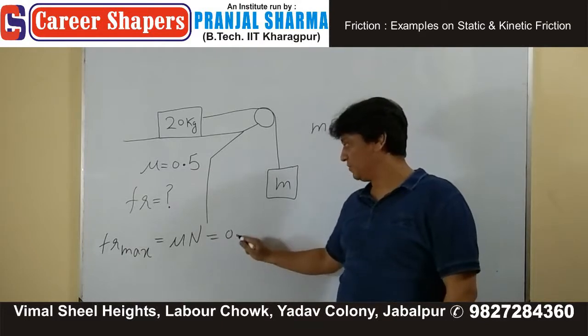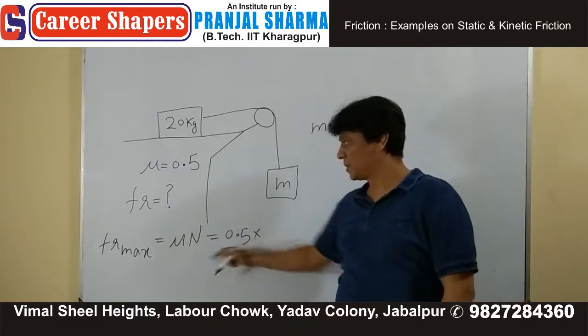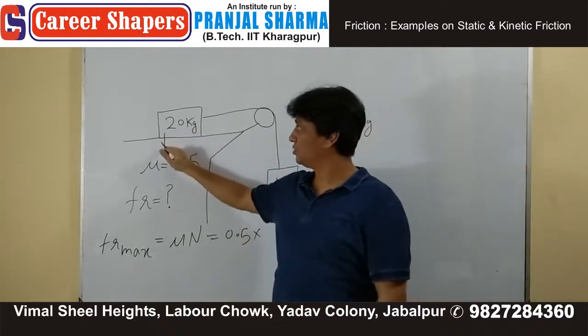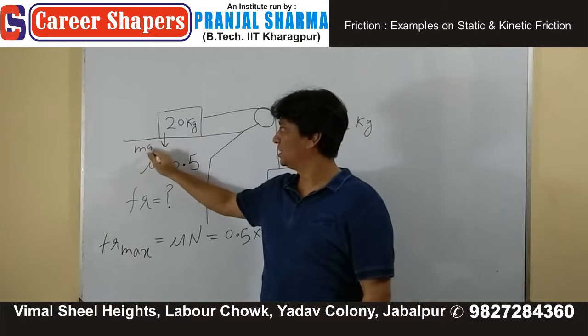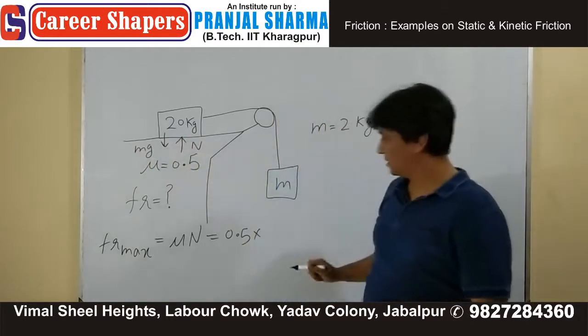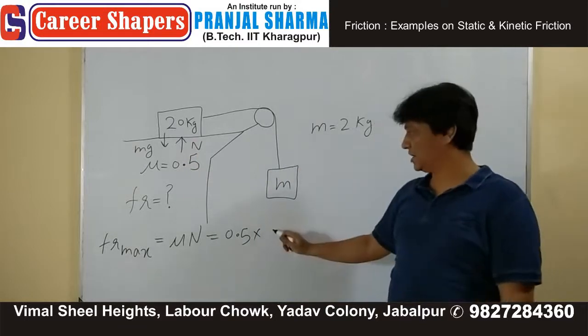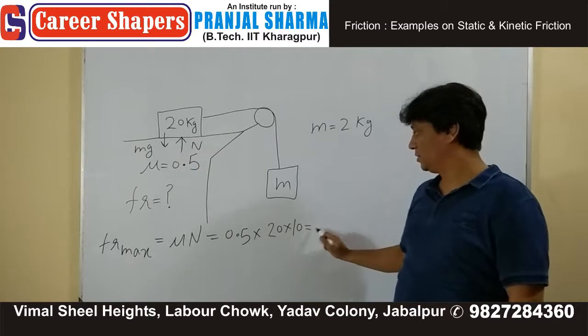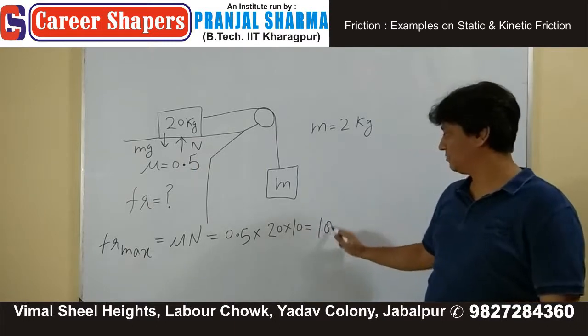Mu is what? 0.5. What is normal reaction? इस 20 kg की बात हो रही भाई, नीचे क्या लग रहा है इस पर? mg. कौन है इसको जो बैलेंस करेगा? n. सिंपल है, n is what? mg, which is 20 into g, which is giving us 100.